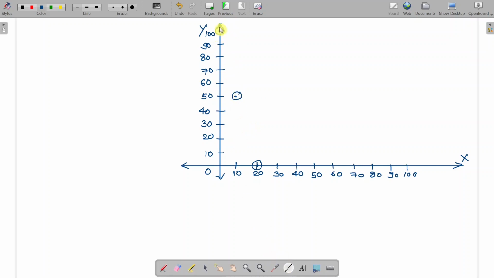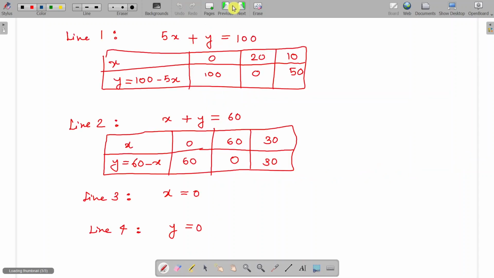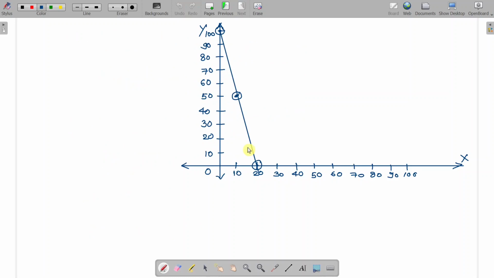What we have to do is join the points by a line like this. So this is the first line we have, and we will name it 5x plus y equal to 100.